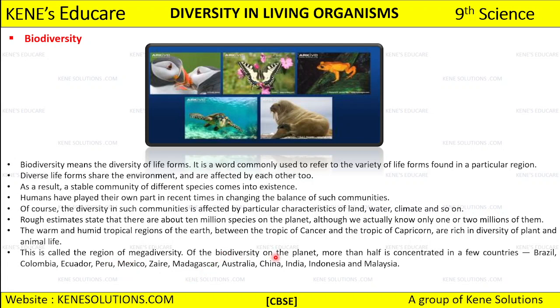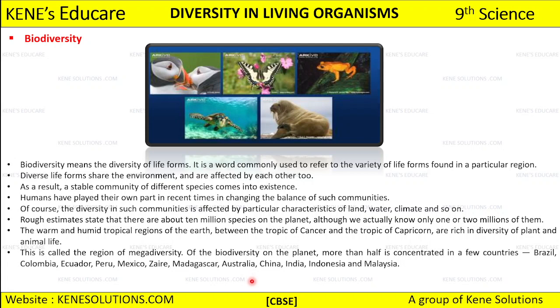So of the total diversity which is present on the planet, more than half of the diversity you will see is concentrated in a few countries, like Brazil, Colombia, Ecuador, Peru, Mexico, Zaire, Madagascar, Australia, China, India, Indonesia, and Malaysia.